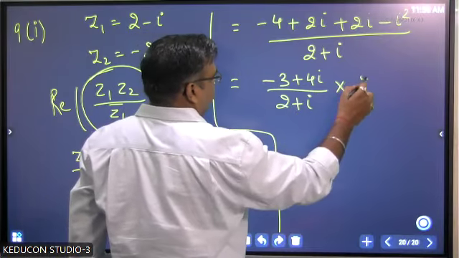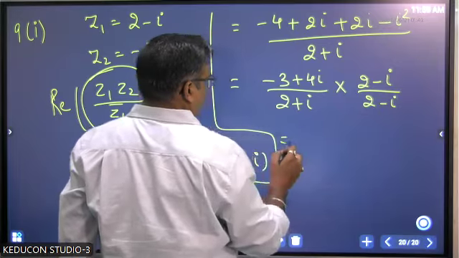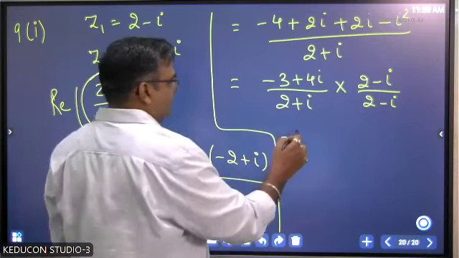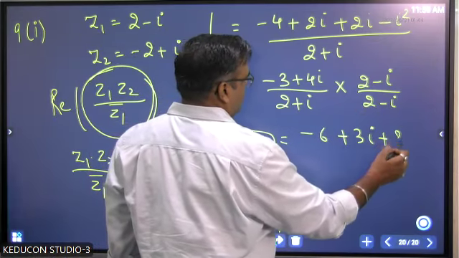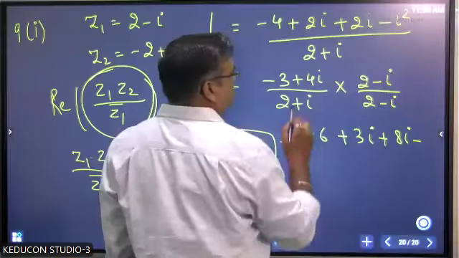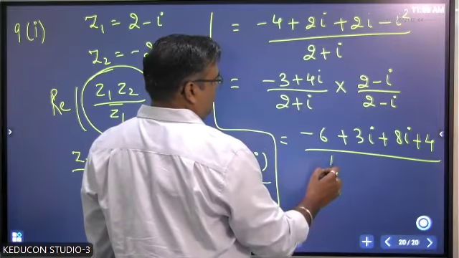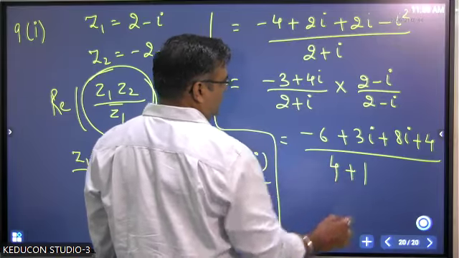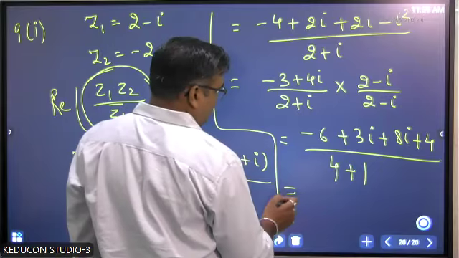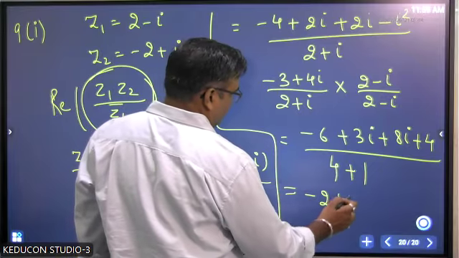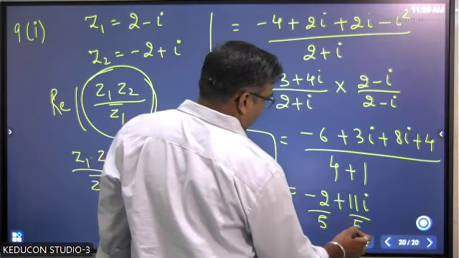Now you rationalize this. You get minus 6 plus 3 iota plus 8 iota minus 4 iota square, which means plus 4, divided by 2 square plus 1. Is it clear, students? So now this is minus 2 plus 11 iota divided by 5.